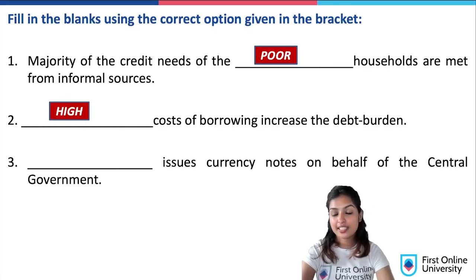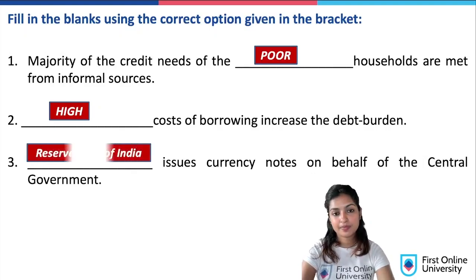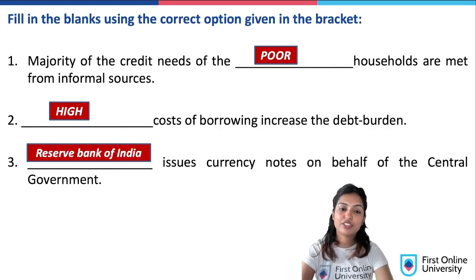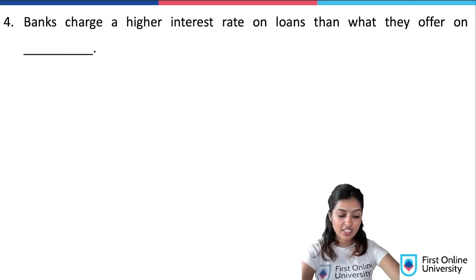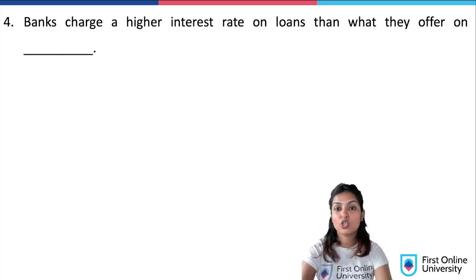Dash issues currency notes on behalf of the central government, RBI or Finance Ministry. The answer is Reserve Bank of India issues currency notes on behalf of the central government. Banks charge a higher rate of interest on loans than what they offer on dash.